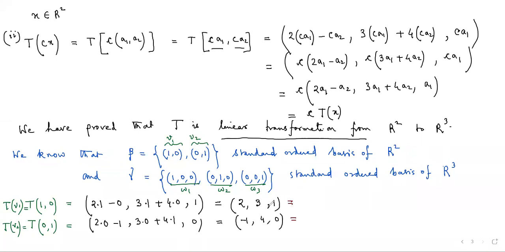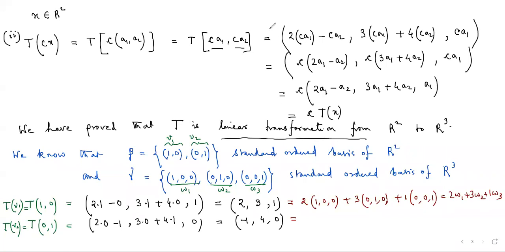Our next job is to write these images as a linear combination of W1, W2, W3. It is very easy to find: 2 into (1,0,0), 3 into (0,1,0), and 1 into (0,0,1), which is 2W1 plus 3W2 plus 1W3.